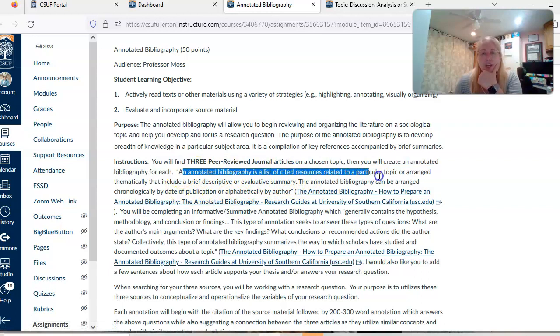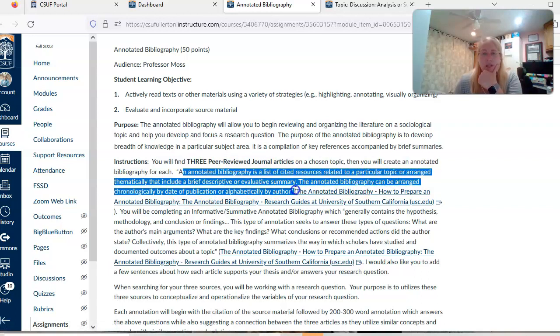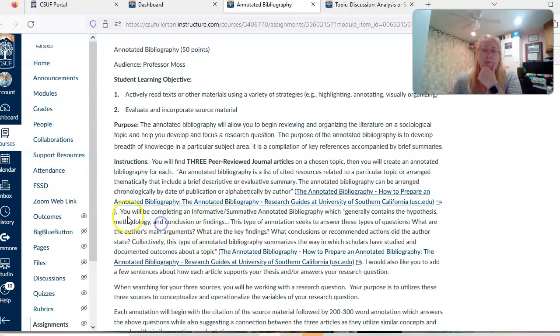So an annotated bibliography, this is just a definition from USC. When you compile these annotations, like I said, you can use 2 or 1 paragraph. It's informative and substantive, which means that you're telling us what the thesis or the hypothesis is, what method they're using, so how they're answering that question, how they're supporting their thesis, conclusion and findings.